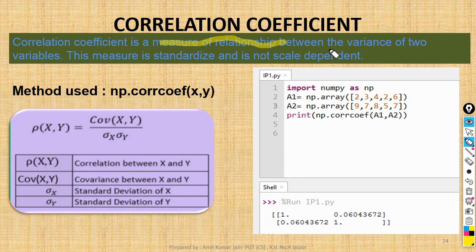In programming, we use the method corr between array 1 and array 2. And in mathematics, we can write correlation coefficient equal to covariance of x and y divided by standard deviation of x and standard deviation of y.